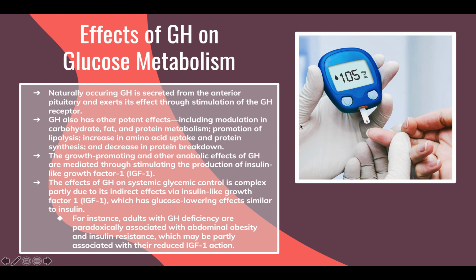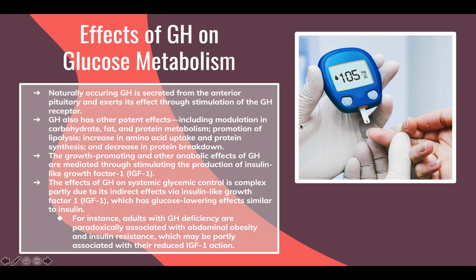Another important thing to understand is that growth hormone and the feedback loops that are associated with growth hormone have influence on glucose metabolism and insulin sensitivity. Naturally occurring growth hormone is secreted from the anterior pituitary and exerts its effect through stimulation of the growth hormone receptor.